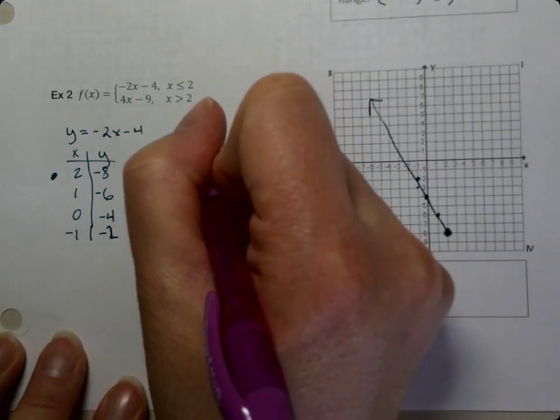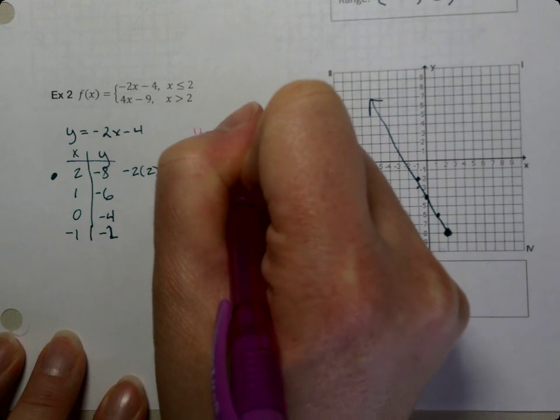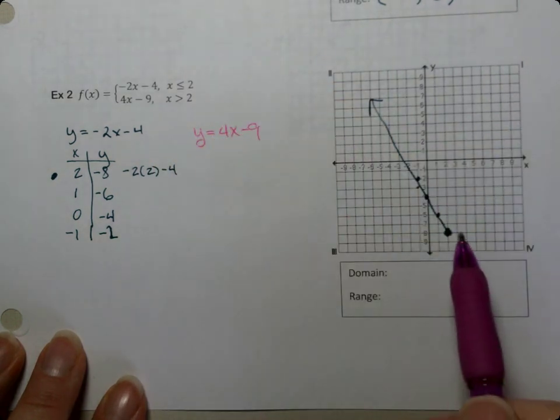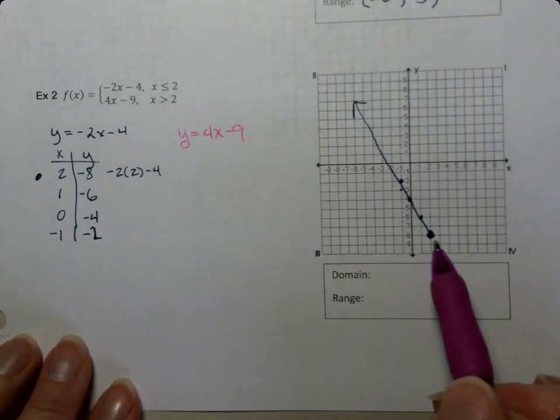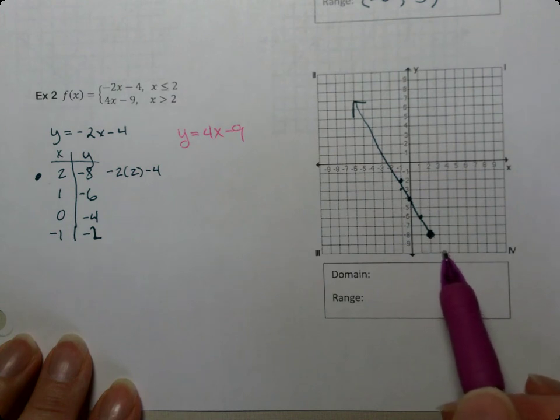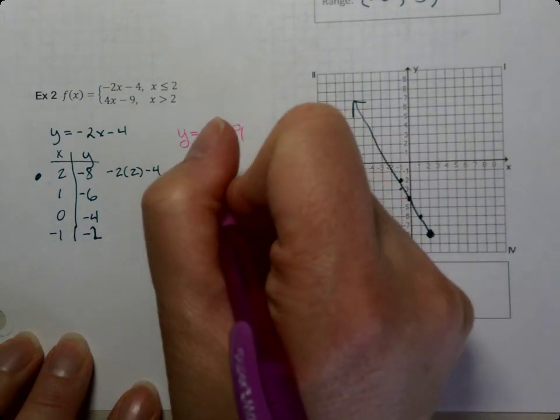Okay, you ready for the second one? So I'm trying to exaggerate my first point to show that that's where we're starting, and then it goes from there. So again, this is one where we cannot extend the line in both ways. It's going to be a ray.